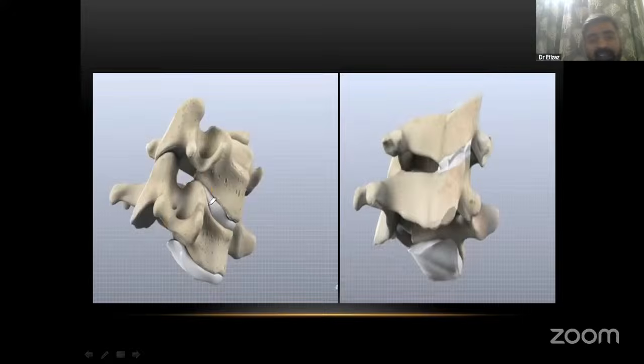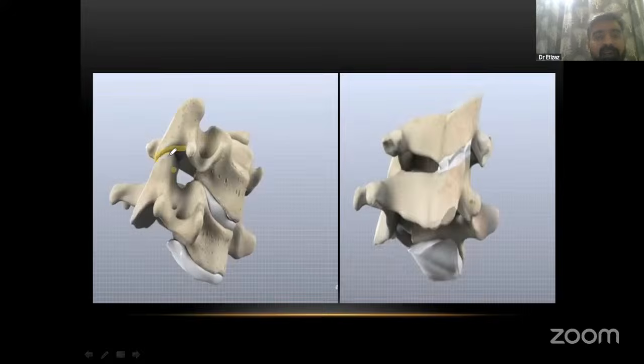So one joint is the intervertebral disc, a fibrocartilage joint between the two vertebral bodies. The second joint is the uncovertebral joint, or joint of Luschka, at the uncinate process, which limits lateral flexion. Posteriorly, look here, this one again.